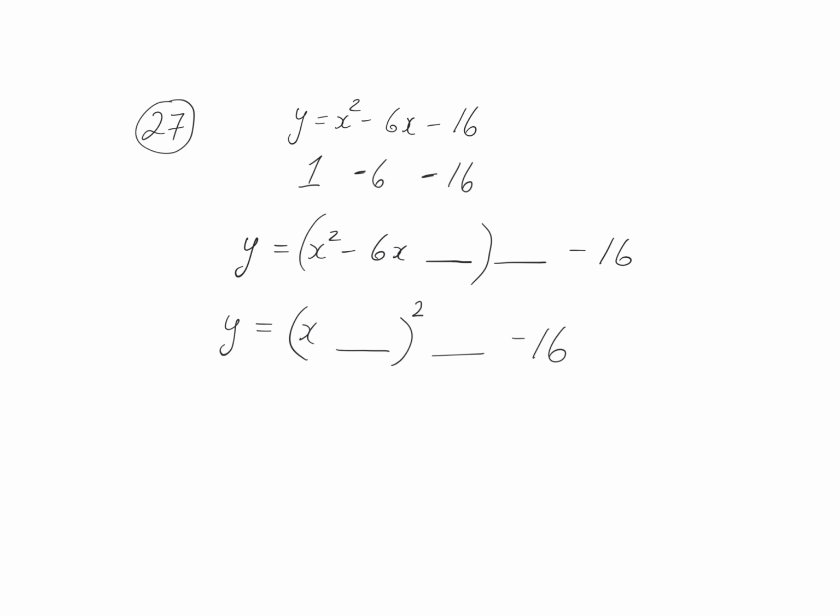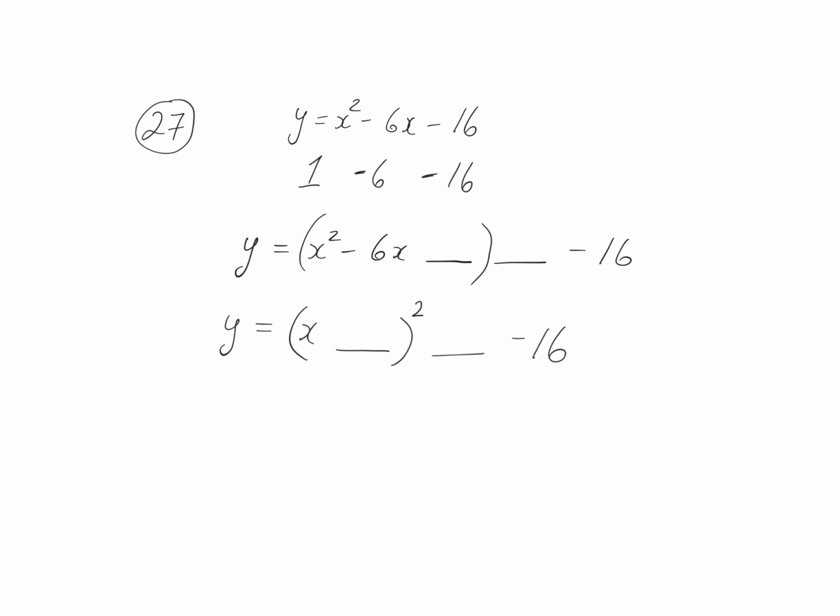So the way it works is this number here is always going to be half of this number here. And then this number is always this number squared, which means that this number is actually half of this number squared.